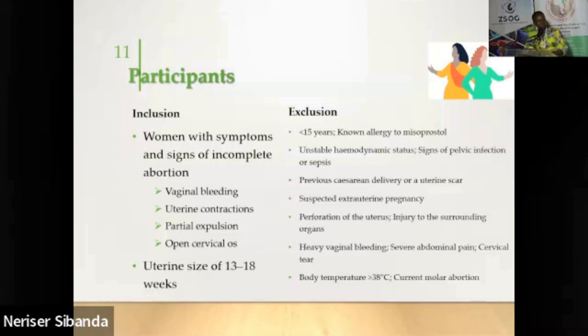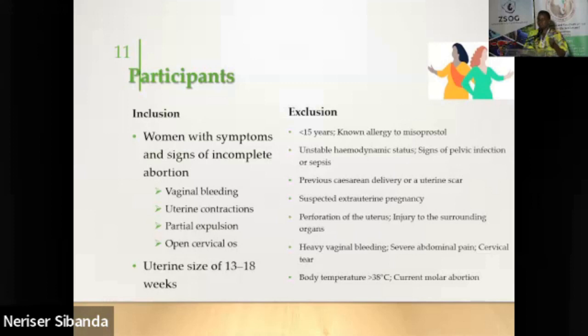Who were the participants? We included women with signs and symptoms of incomplete abortion, and they had to have a uterine size between 13 to 18 weeks. We then excluded women who had this, but needed urgent treatment.